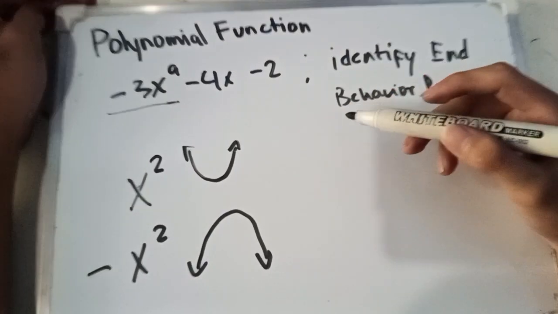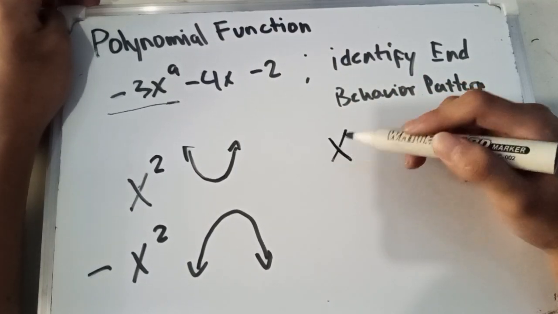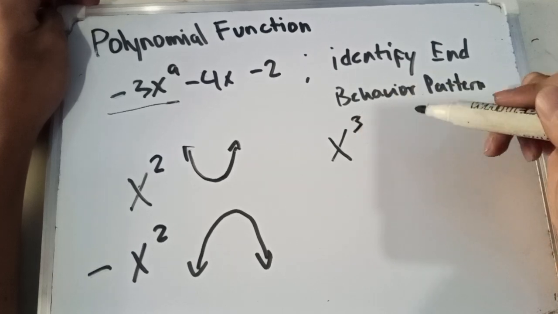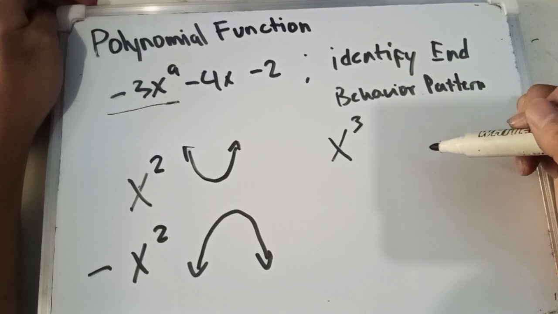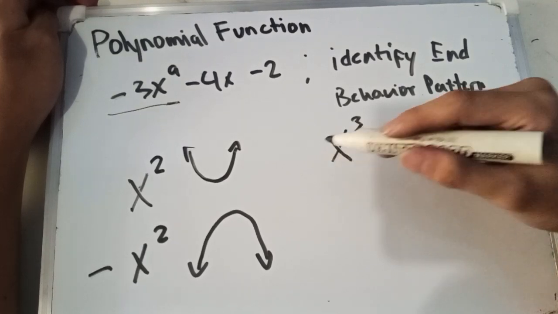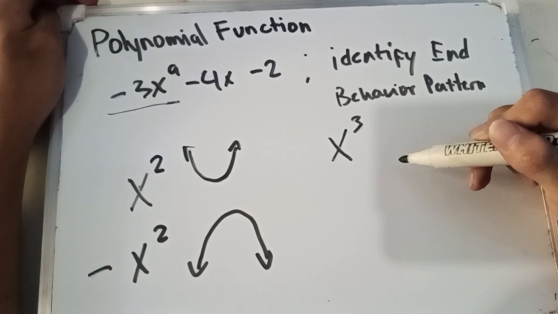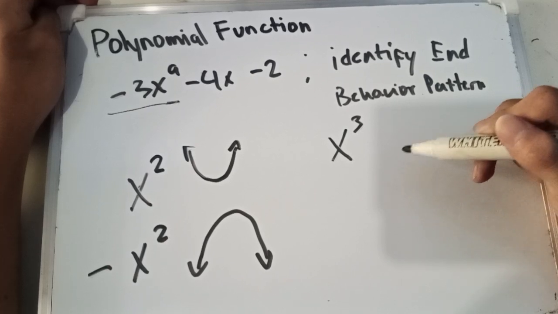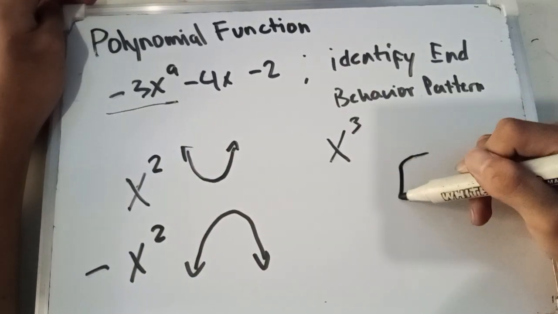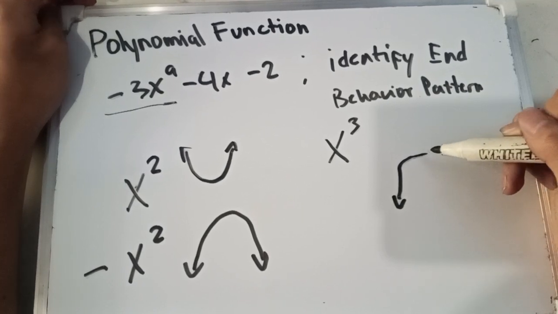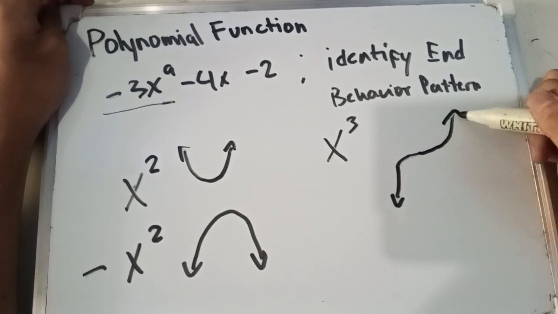Now what if the leading exponent is an odd number, like 3, 5, 7, or 9, and it is positive? So this time, from left, it will go downward, but to the right, it will go upward.